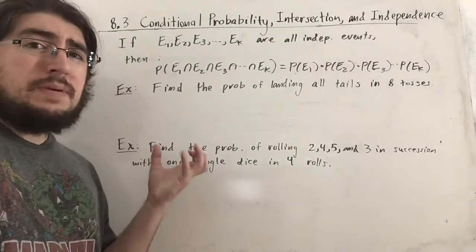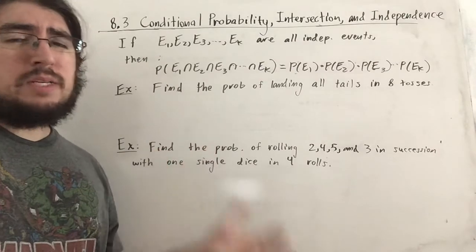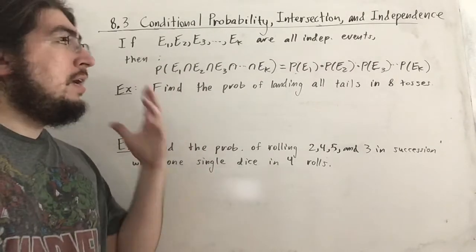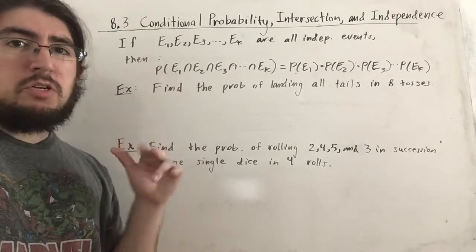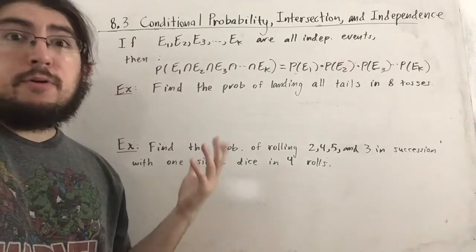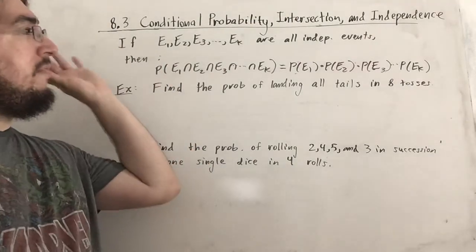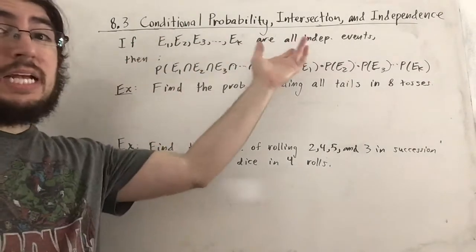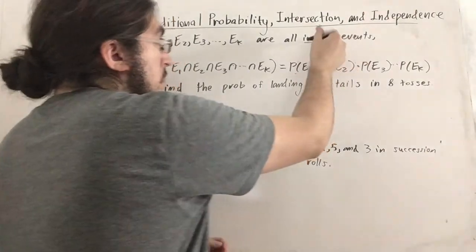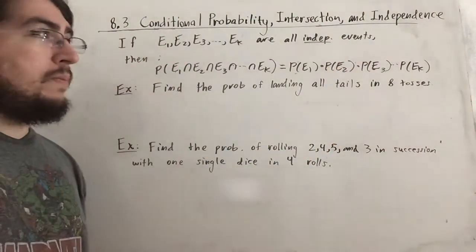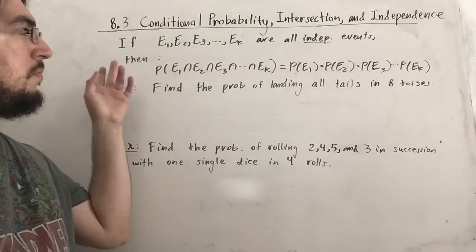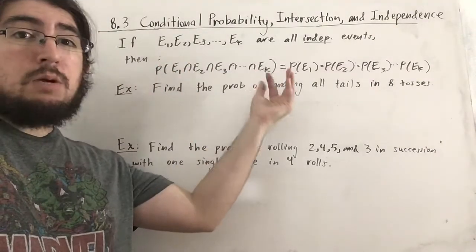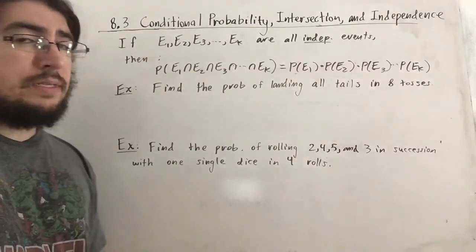Although it may seem kind of silly, what we're going to discuss here is basically what we just finished discussing, independent sets. But with multiple sets instead of just 2, we can have 100 or something like that. So if you have these sets E sub 1 through E sub k, and they're each independent with each other, so they're all individually independent sets, then we can say that the probability of the intersection between all of them is just equal to the product of their probabilities.